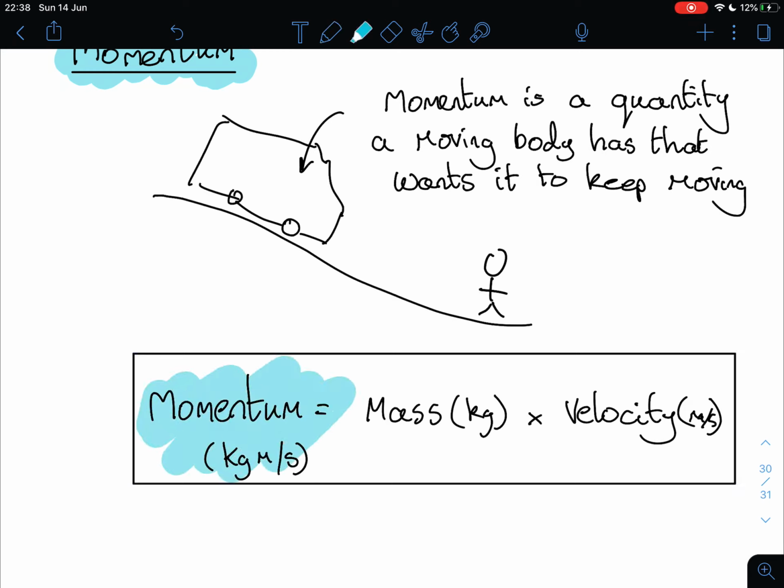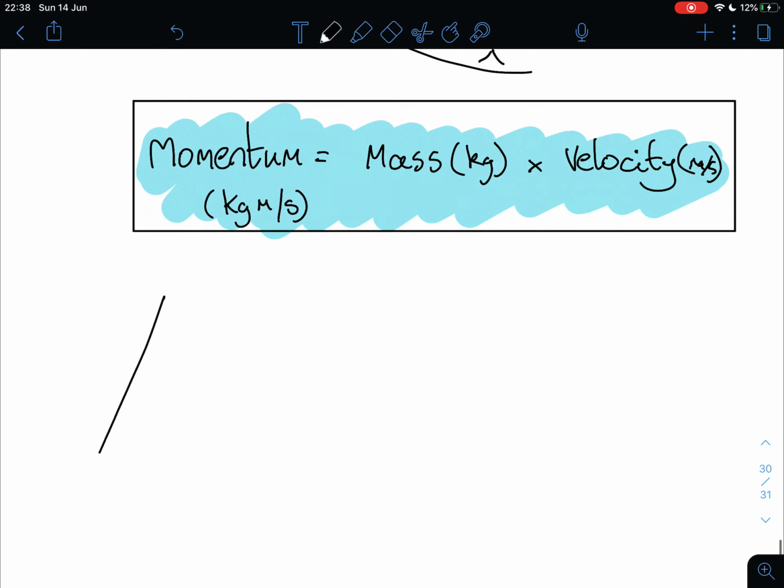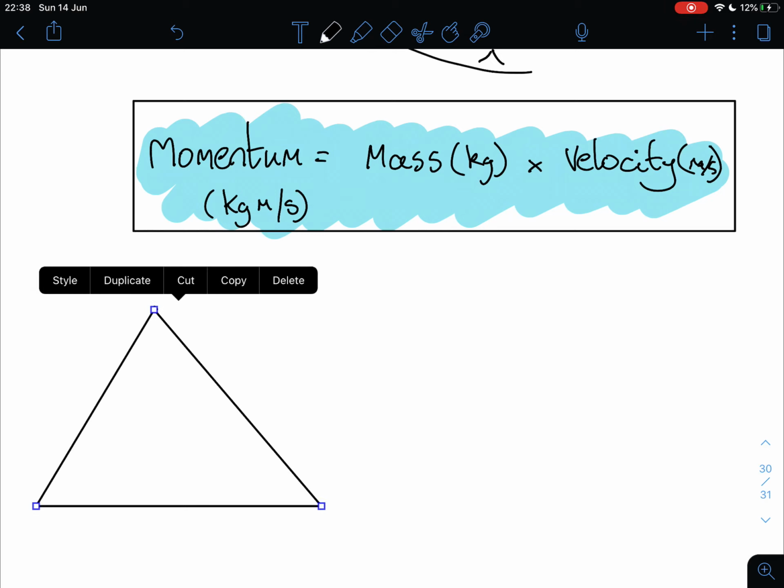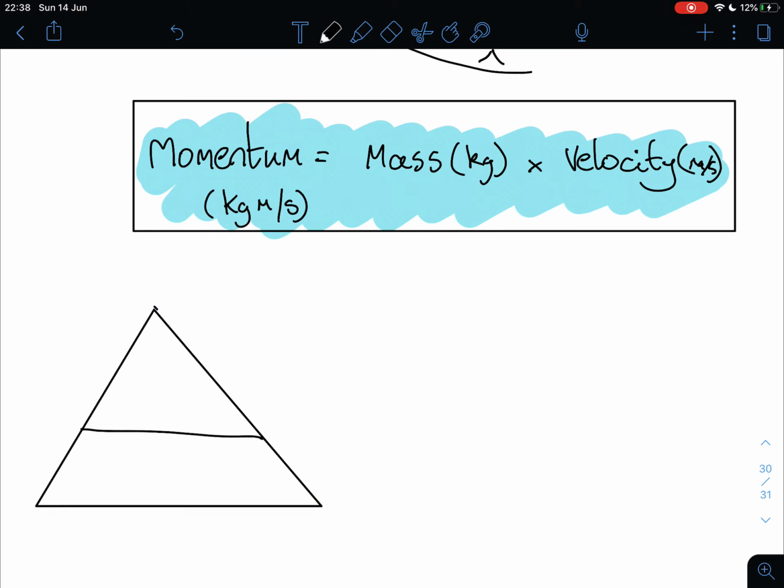So that's the first bit. Now we can whack it in a triangle as usual. Hopefully that's nice and easy for you. The symbol for momentum is usually capital P. People get really confused though, because P usually is power.